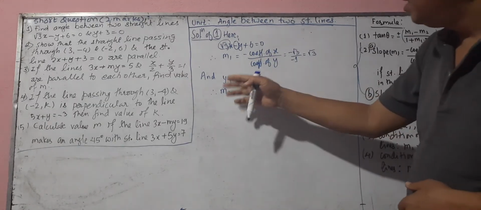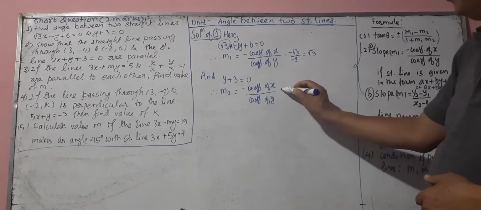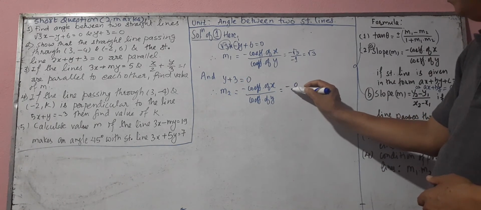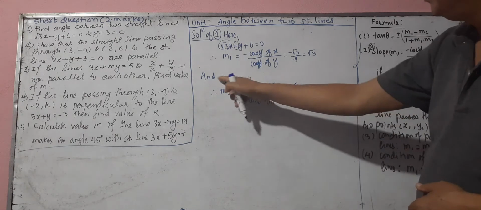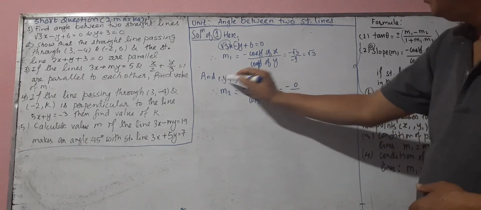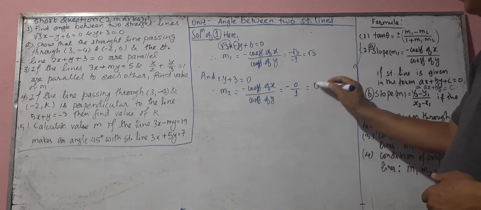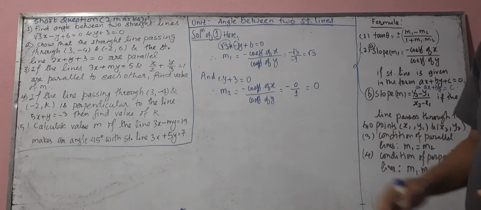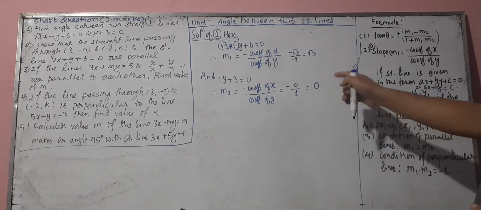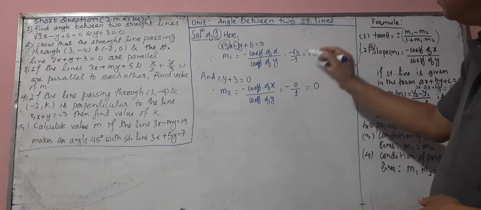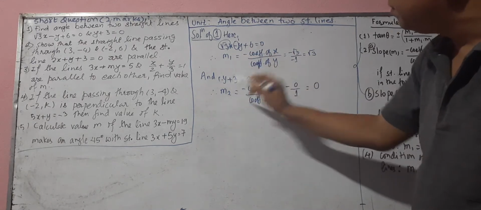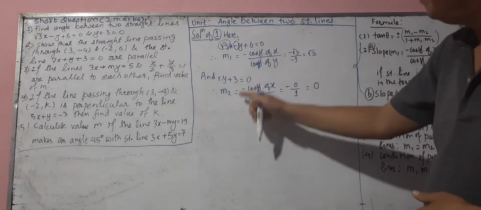So the coefficient of x is 0, minus 0 divided by the coefficient of y, which is 1, and 0 divided by 1 is 0. Now we have obtained the slopes of the two straight lines.